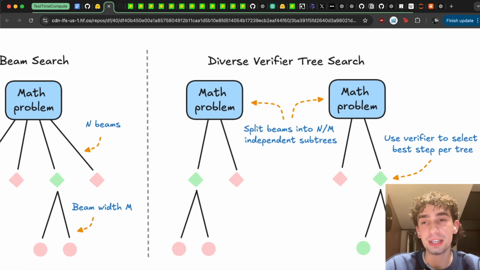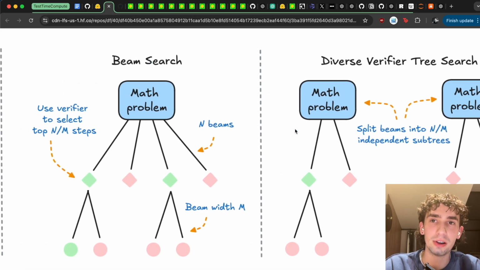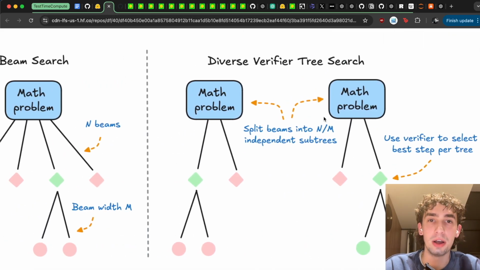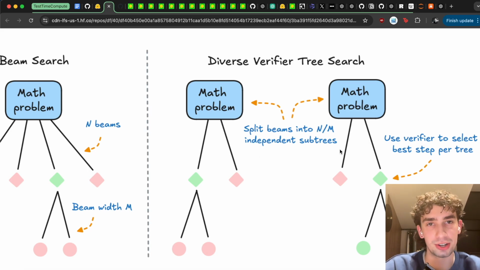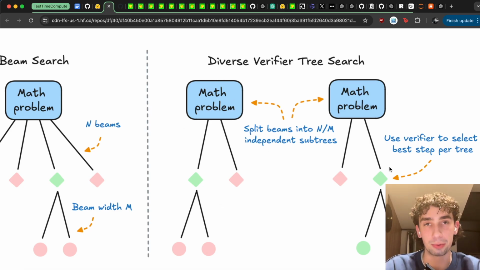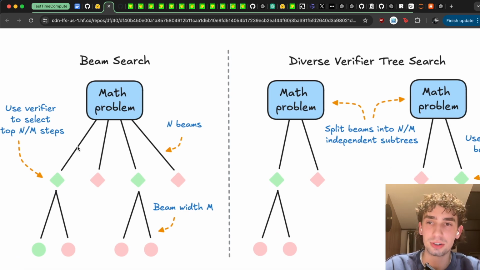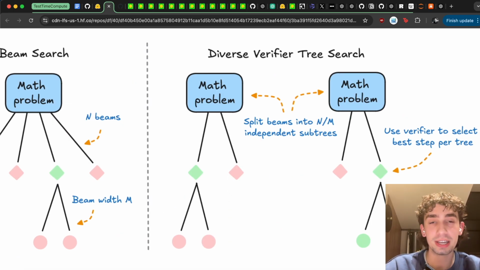So instead, they add one additional step where they split off the trees into multiple individual subtrees that are independent from each other. This is going to promote diversity and make sure that multiple different paths are adequately explored rather than just one single one. The hope here is that it will encourage the exploration of different solutions rather than just maximizing the reward that we're getting from our reward models.